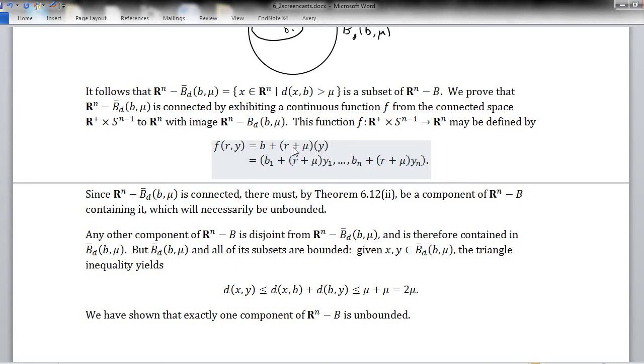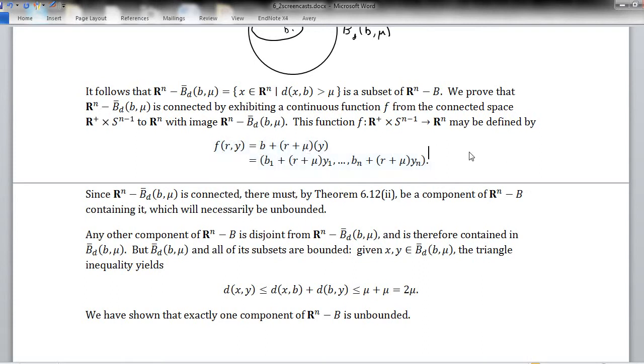Remember, r is always greater than 0, so this expansion factor is always going to be greater than mu. So multiplying by this takes the unit sphere and gives me instead a sphere centered at the origin of radius r plus mu. And I'm going to think of this as vector addition, adding that to b. So what this gives me is a sphere centered at b with radius r plus mu.